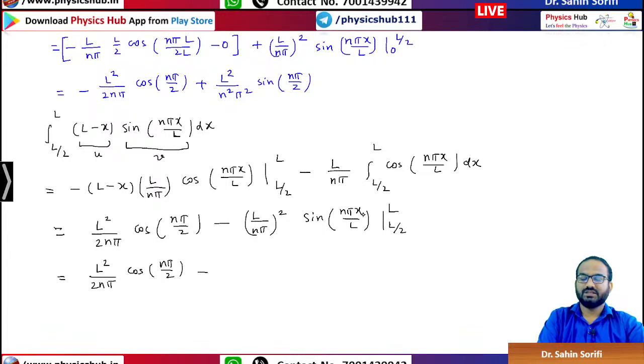If you put x equals to L, it becomes sin n pi, so that is not contributing, but this is L square by n square pi square sin n pi by 2.